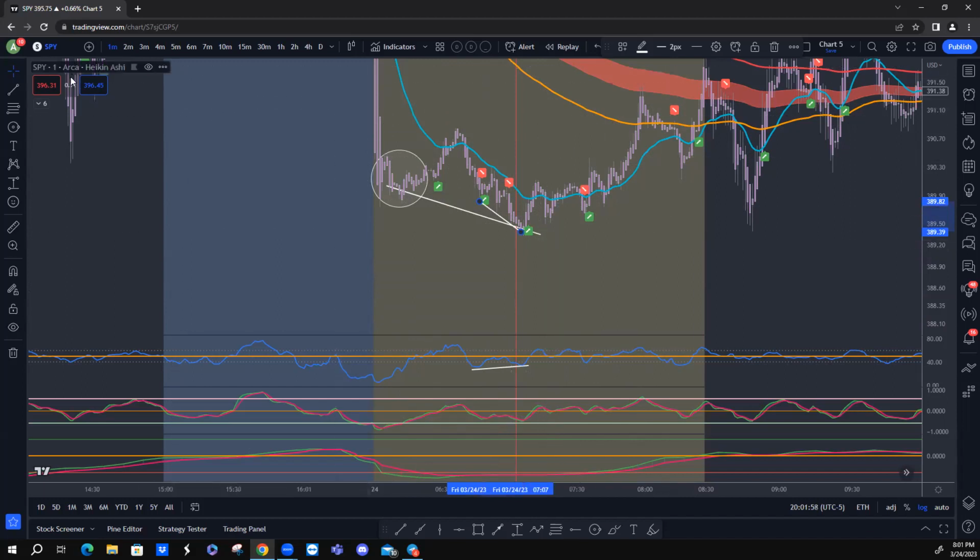Let's say you are trading on the 1 minute and you're trying to spot divergences. If you're back testing, sometimes you get a little bit more clarity on your indicators, because here you have a valley, another valley, which goes up on this side, and you can see this going down.